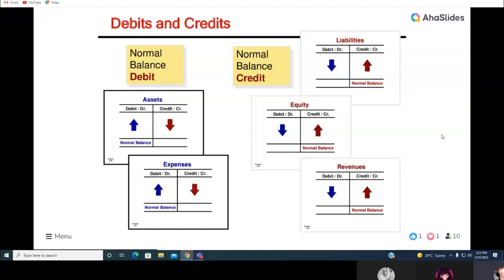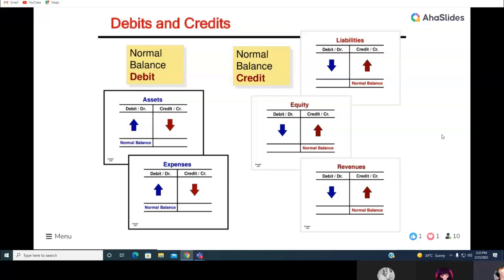Any increases in those accounts, I will record on the credit side. If I decrease the liability, I pay off a notes payable, therefore, accounts payable is decreased. I record that decrease on the debit side.